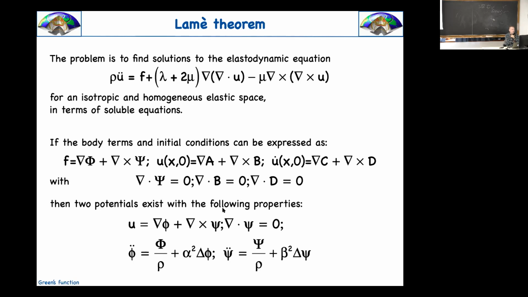One other statement that I want to add now. I hope it's trivial, but remember, this equation is for an isotropic, homogeneous, beautiful, elastic space. So it's the simplest case that we can imagine. And in this space, we know that the solutions should be made by P waves and S waves. There are no other waves in a space like that.